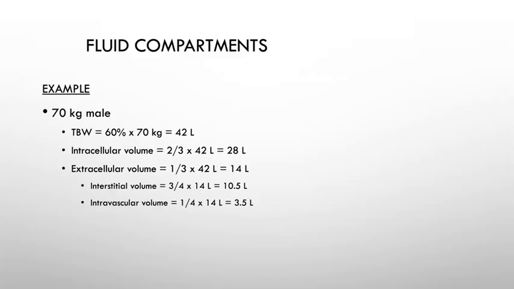So only about 3.5 liters of a 70-kilo person's water is in their intravascular space. This is important to consider when thinking about volume status. Our intravascular space contains such a small amount of our total body water that any changes to it will have a much bigger impact in the other spaces.